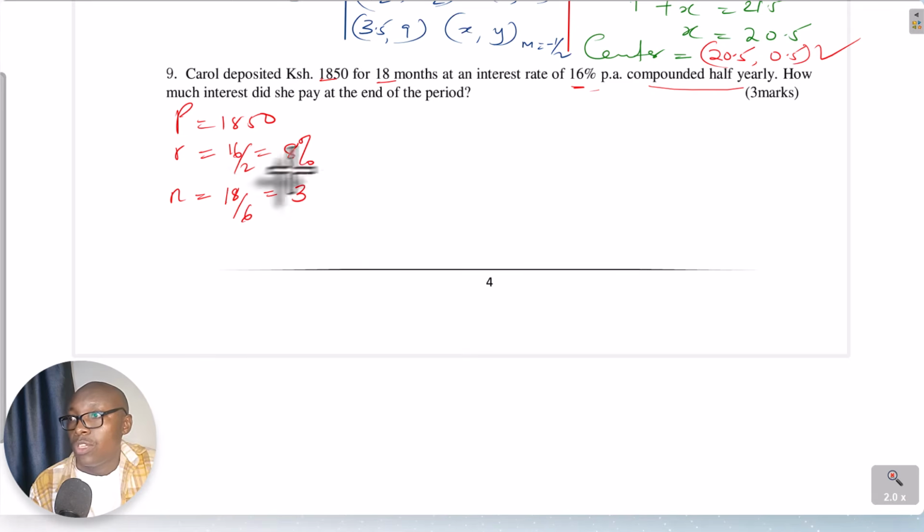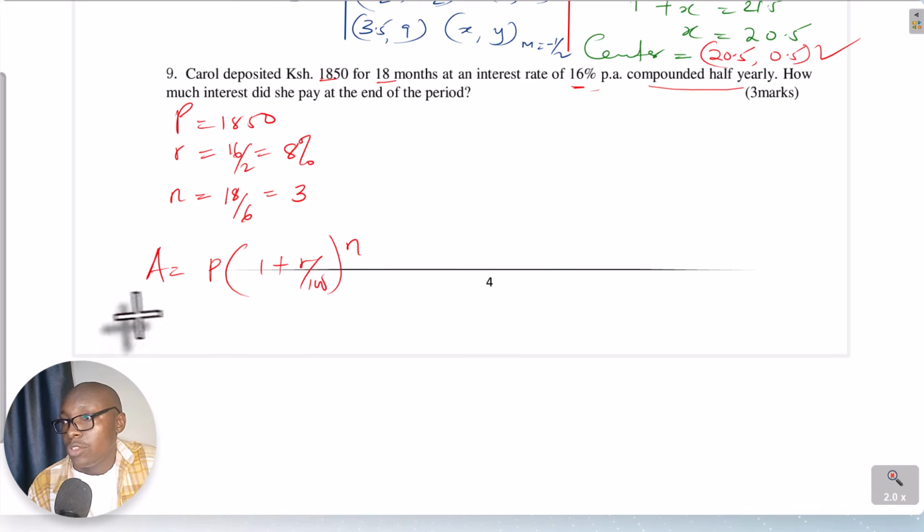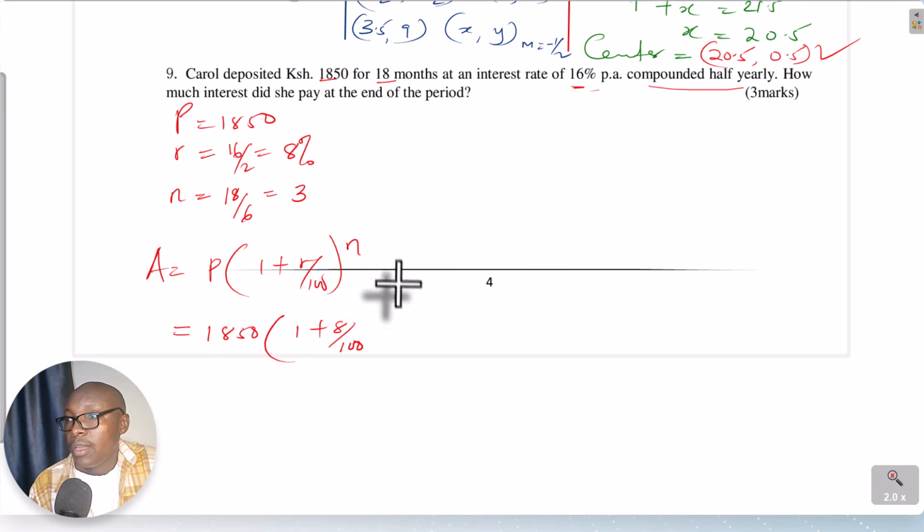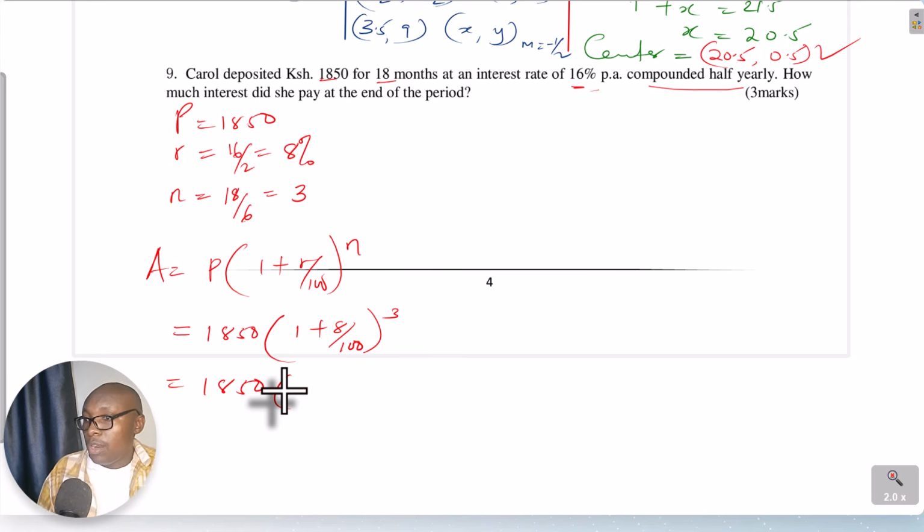So now this one will help us to get the amount. We are going to use this formula. Amount is equals to principal times (1 plus rate over 100) to the power n. So amount will be given by the principal, which is 1850, then 1 plus the rate, which is 8%, then the period is 3. So this will give 1850 times (1 plus 8 over 100), so that will be 1.08.